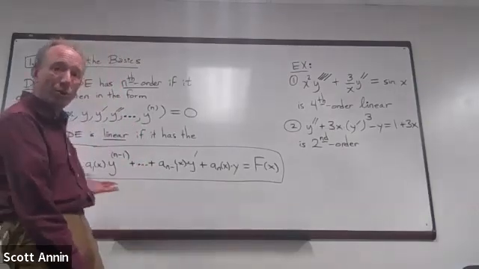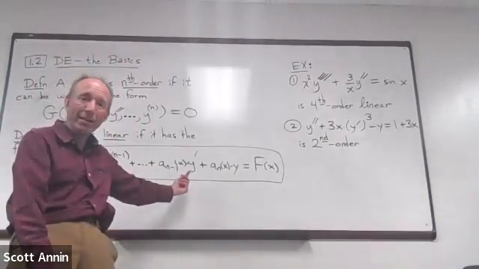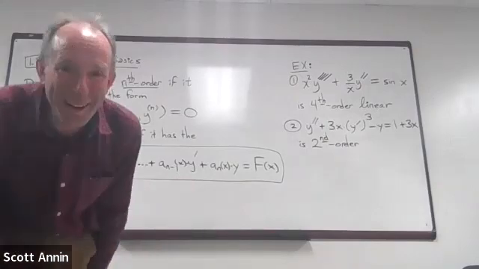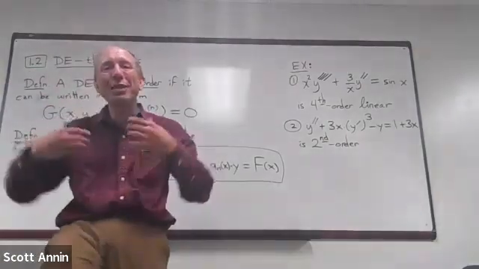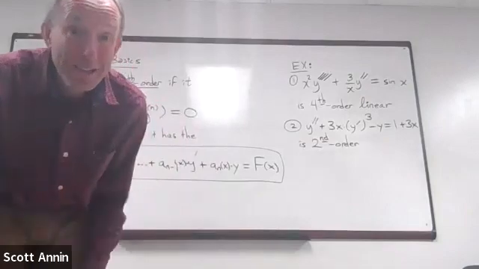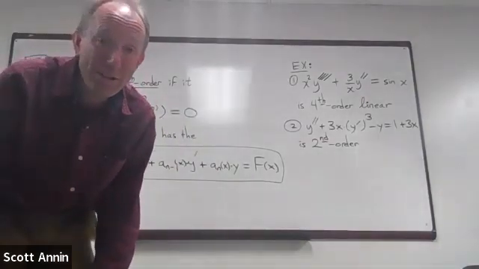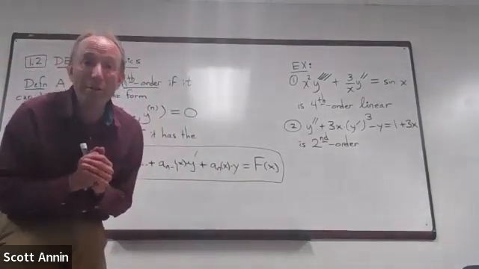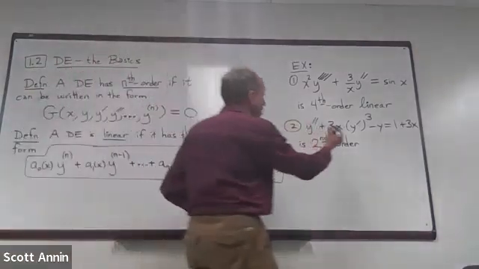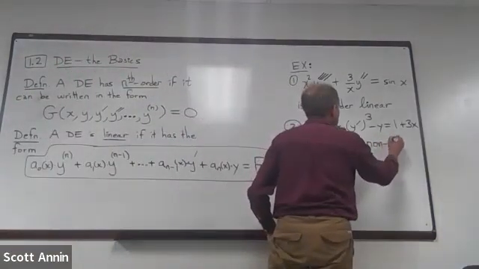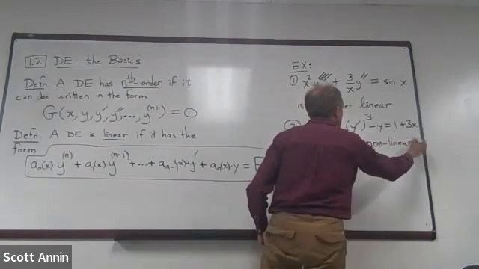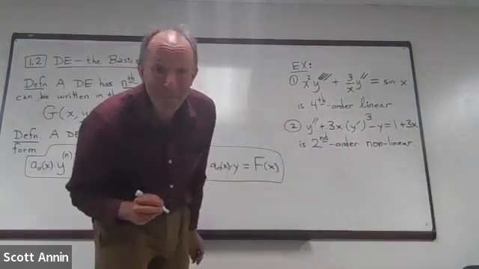And when you look at this form over here, here's the y prime right here. You're not allowed to do that, are you? For a linear equation, you cannot just cube the derivative of y, or cube any derivative of y, right? So this is actually non-linear. This one would be non-linear, okay?